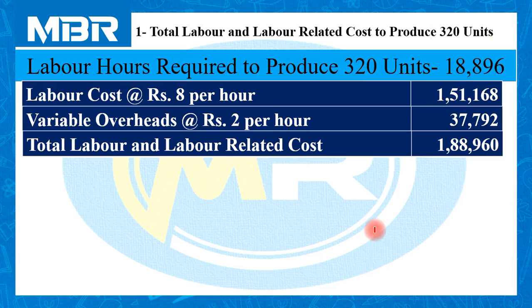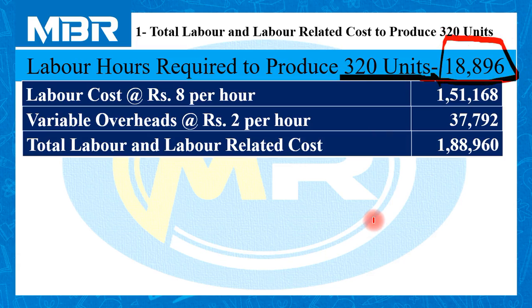In this way we can easily calculate total labor and labor related cost to produce 320 units, subject to the condition that we have completed the calculation of labor hours required to produce 320 units earlier.